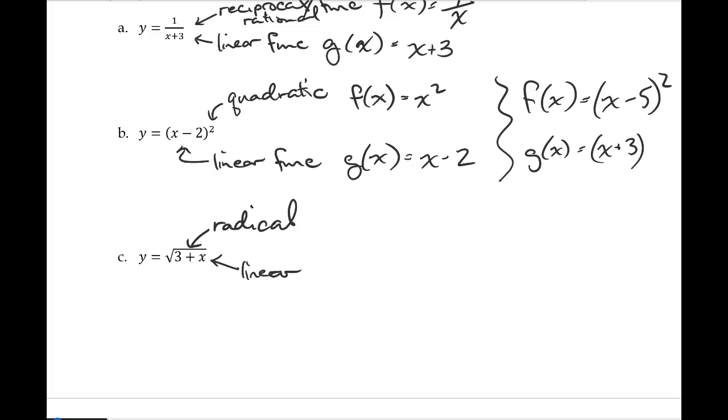So radical's on the outside, so I'd say f of x equals the square root of x, and g of x equals 3 plus x. So again, keeping things simple kind of works out in our favor here.